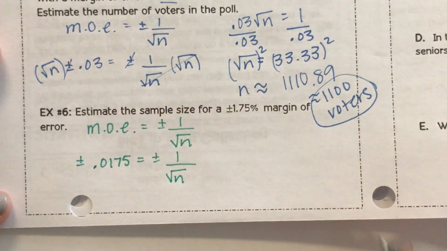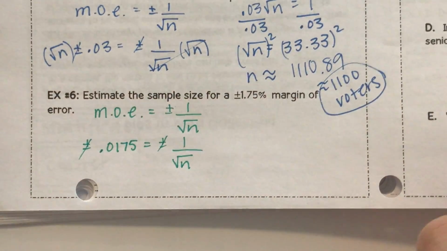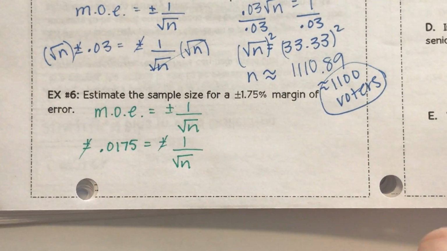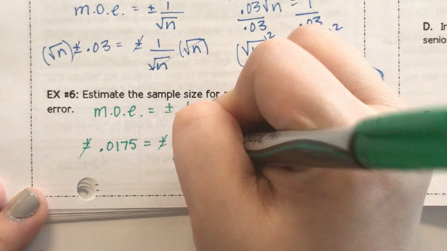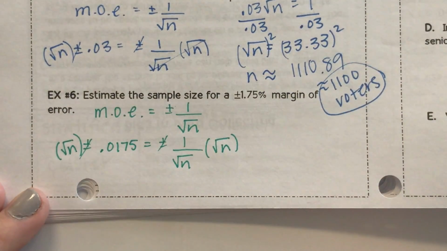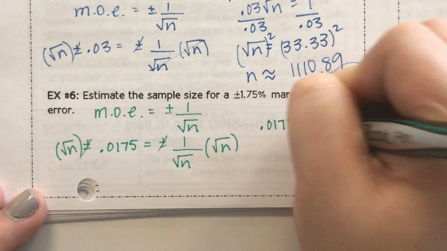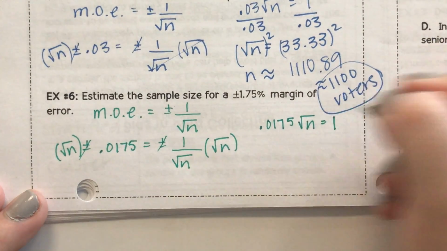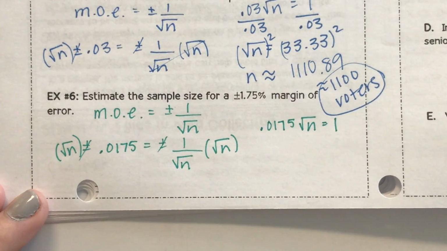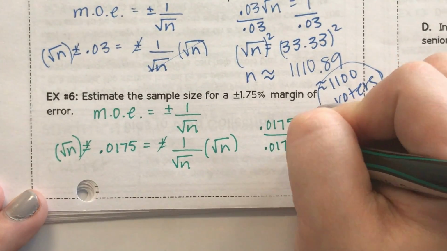We set that equal to our formula. Again, we really don't need the plus or minus, but I still want to see you write it just so you know that it's plus or minus. Multiply by the square root of n. So you get 0.0175 times the square root of n equals 1. Divide both sides by 0.0175.